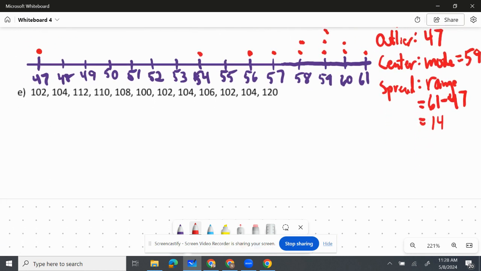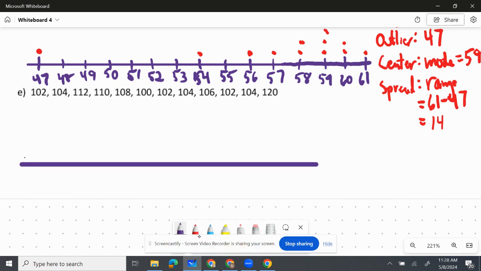So our last one. This one, when we're looking at it, what we notice is that it's going by twos. So we'll go by twos. We see that our least value is 102. No, actually 100. And our greatest value is 112. Oh, nope, 120. So we're going to start off at 102.